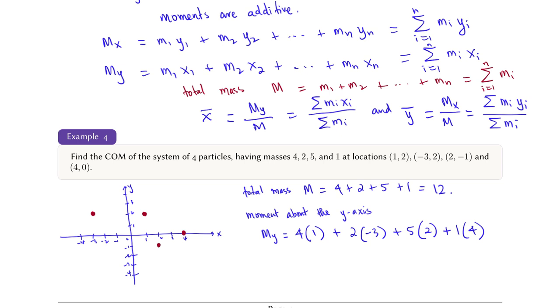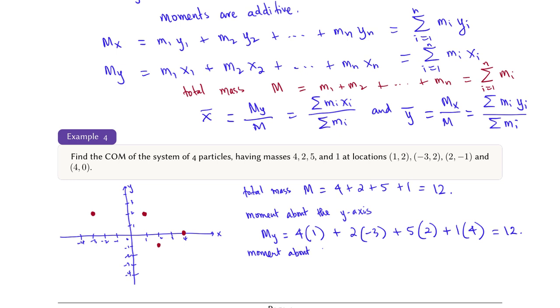Again, the moment about the y-axis is the product of the mass times the x-coordinate, because it is how far from the y-axis. How far you are from the y-axis is measured by the x-coordinate horizontally. And so the moment about the y-axis is 12.